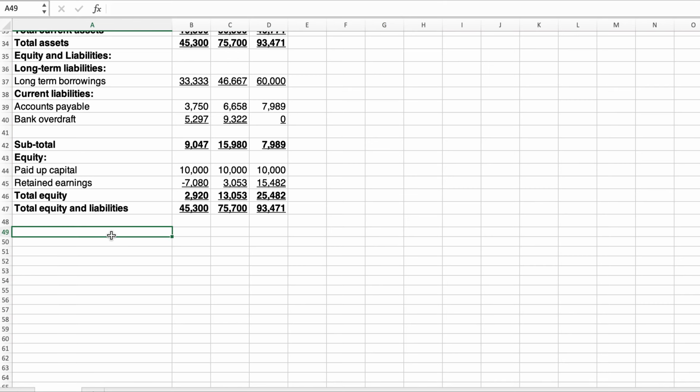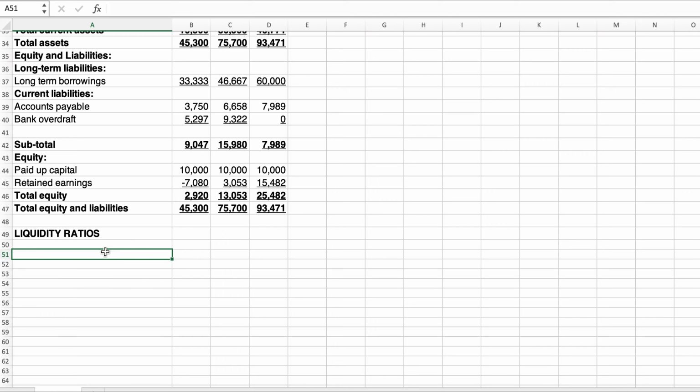Liquidity ratios. Learners, when you hear about liquidity, what comes into your mind is liquid cash.